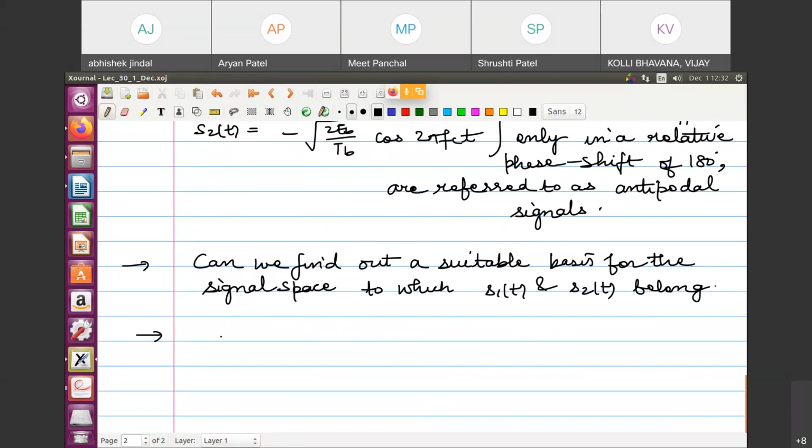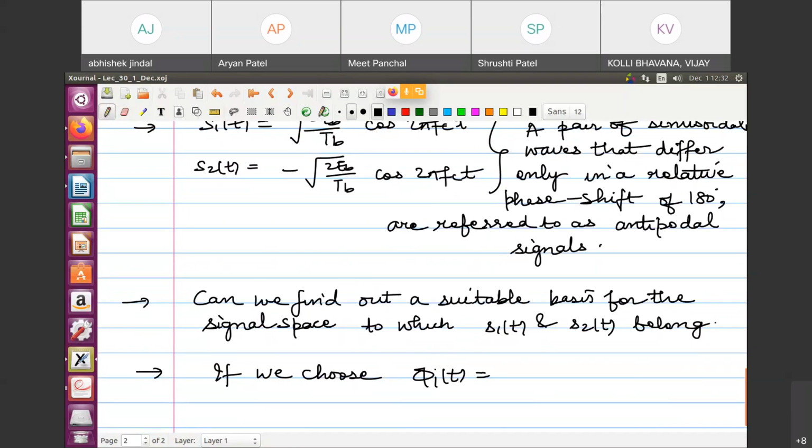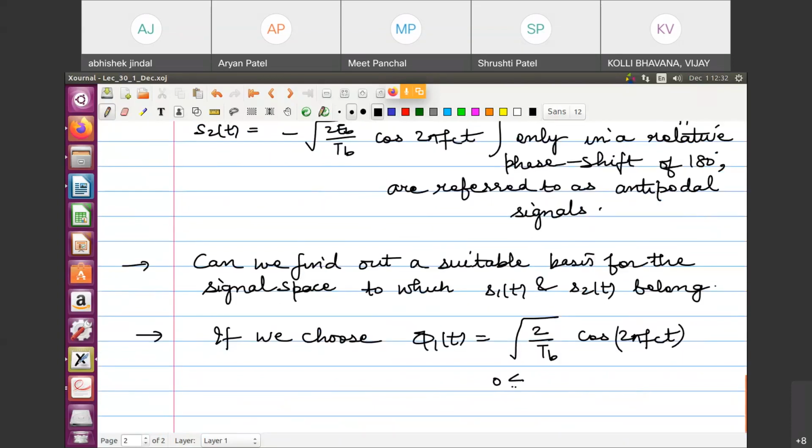So you can see that if we choose phi 1(t), now one thing, because this is the basis function, it needs to be unit energy. Okay. If we choose it like this, square root of 2 by Tb into cos of 2 pi fc t, where t lies from 0 to Tb.